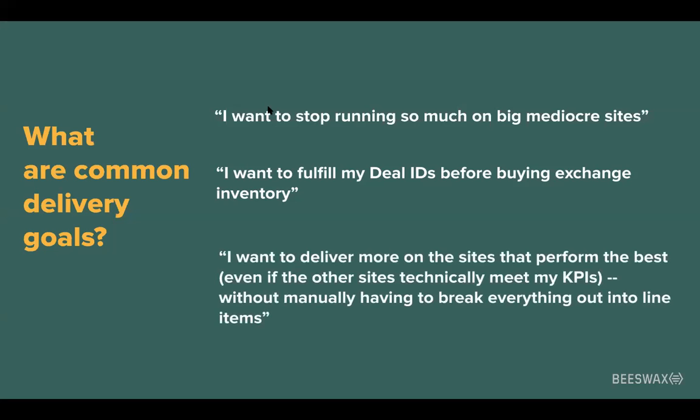And another very common one we hear is on delivering to the sites or apps that are performing best, right? So in a typical manual optimization strategy, different sites and apps are performing differently. You want to push more of your budget to the sites or apps that are performing better. And I'll go through this as an example. This is a common thing that we hear.